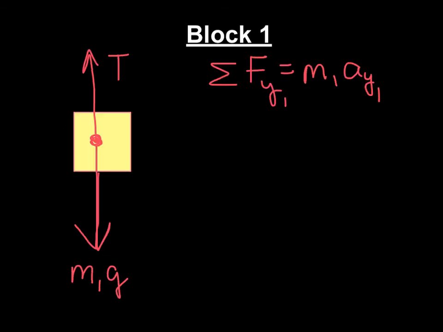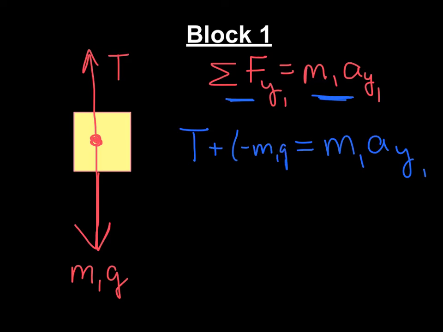So we're going to start by examining block 1, and we start with Newton's second law. Sum of forces in the y direction equals m1a_y1. So this block's going to go up. Now it is accelerating, and again, always work from one side to another, so we know m1a_y1, just bringing this side down, equals tension plus, and then pulling down we have minus m1g.